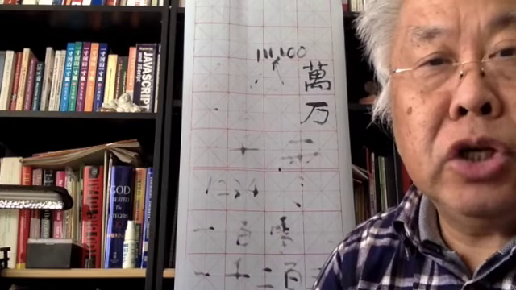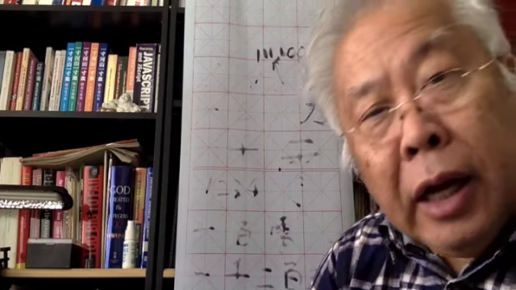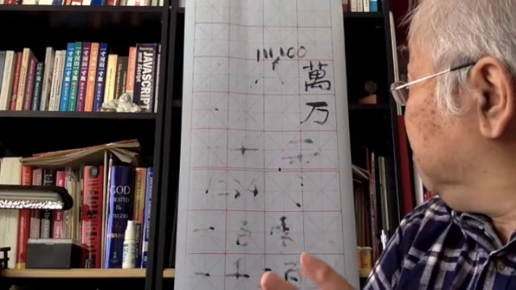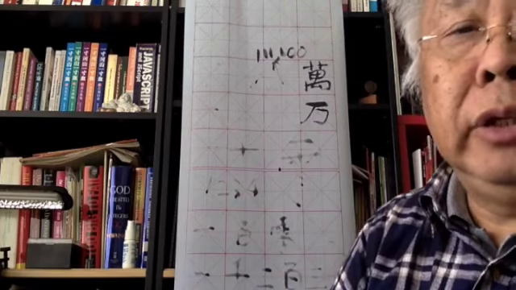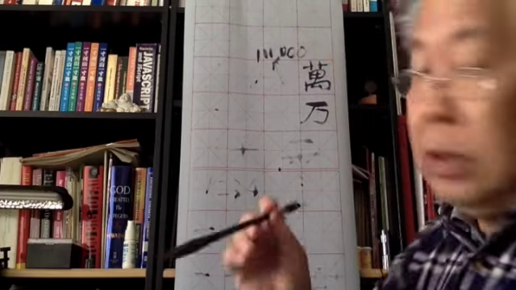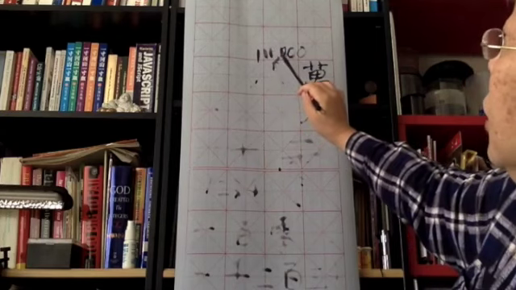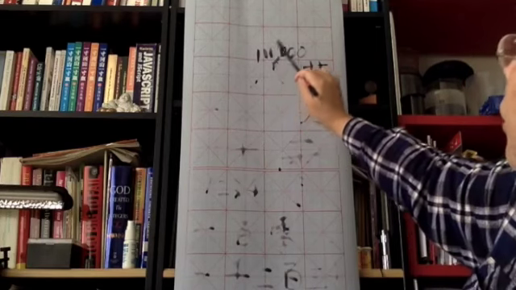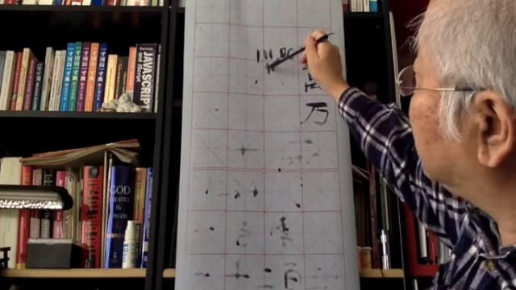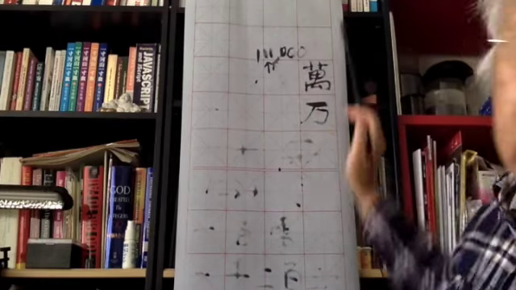To express it in Chinese, we will stop at this point, and that is 10,000, and then 1,000.